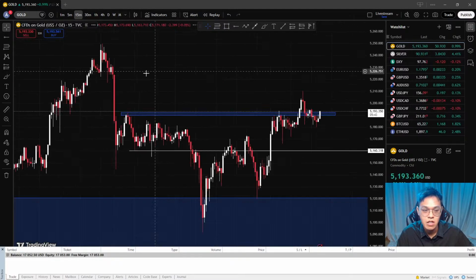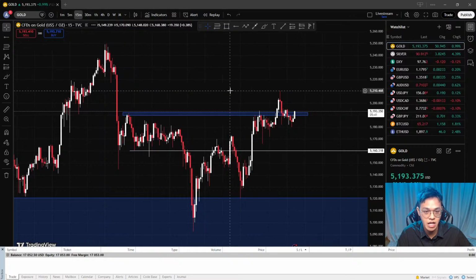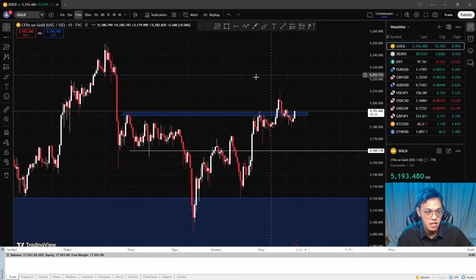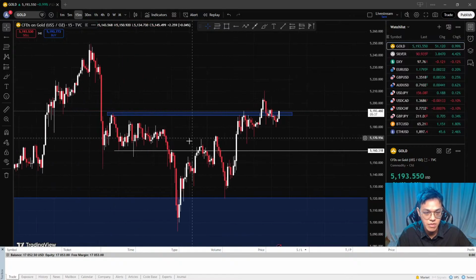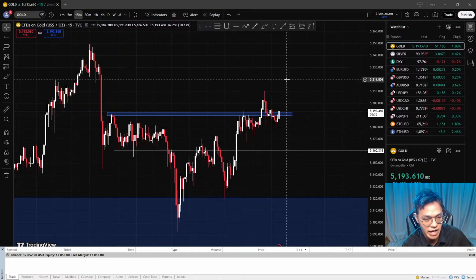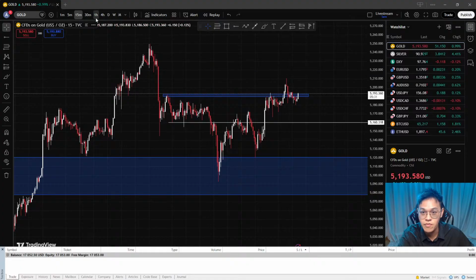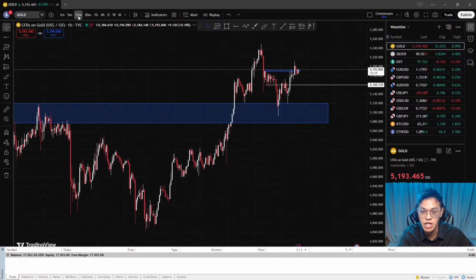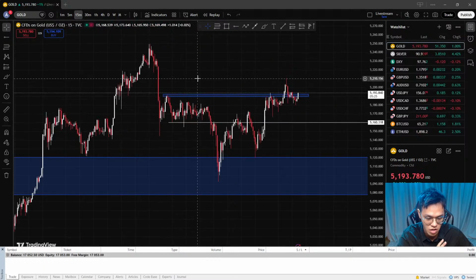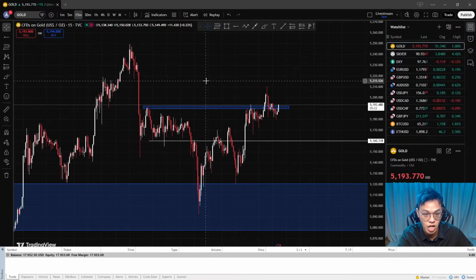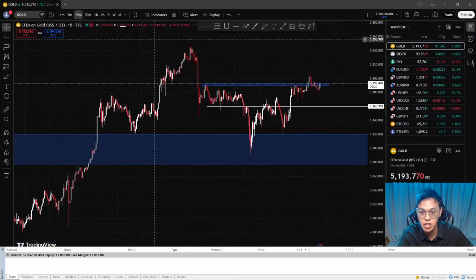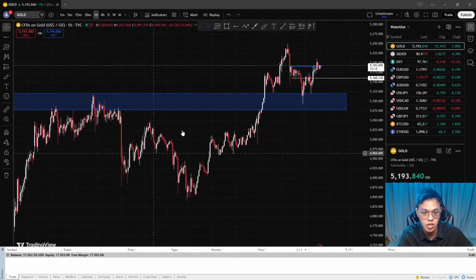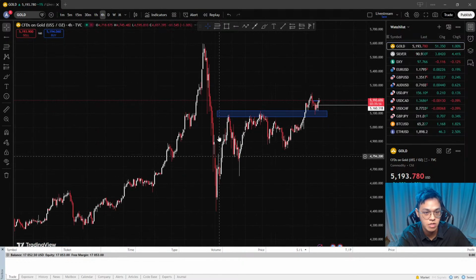All right, guys. Let me repeat what I said just now. First, if we look at the 4 hour chart, the 1 hour chart, or even the 15-minute chart, we can see that all the price structure is an uptrend structure.